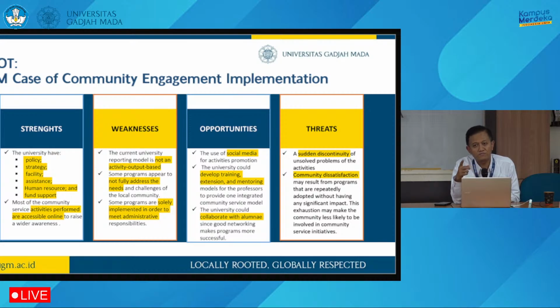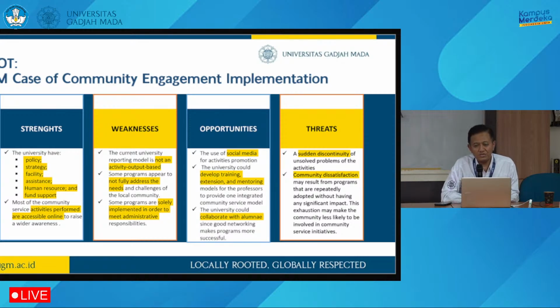A lot of stakeholders have really supported the activities of conducting community services. And of course, there is also the threat of sustainability: when we are doing something right now, how about next year? How about the next two years, etc.? I think this is a really challenging matter when we talk about the activities of achieving the sustainable development goals.